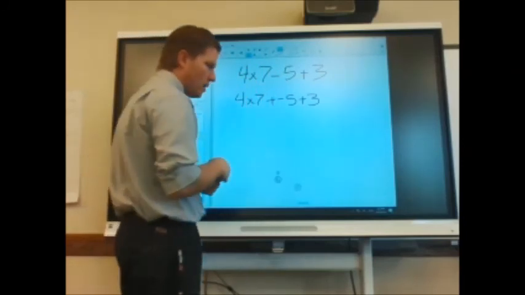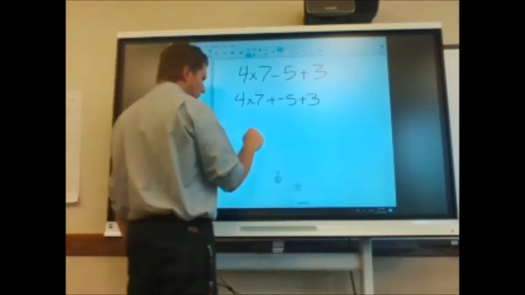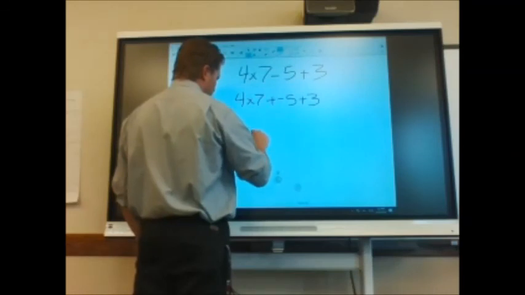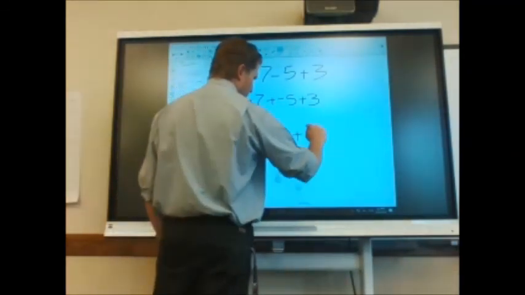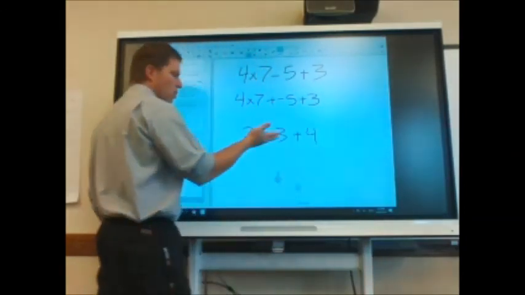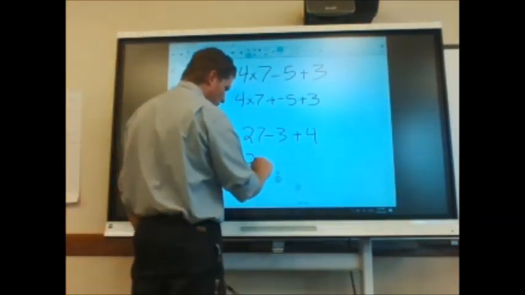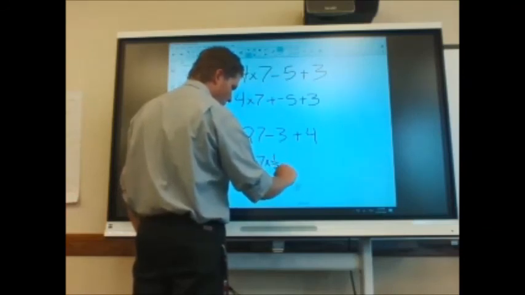I don't know. Okay? Another way that I've also seen students look at it would be if I have 27 divided by 3 plus 4, right? They've got multiple things going on. I actually had a student who looked at this as timesing by 1/3.